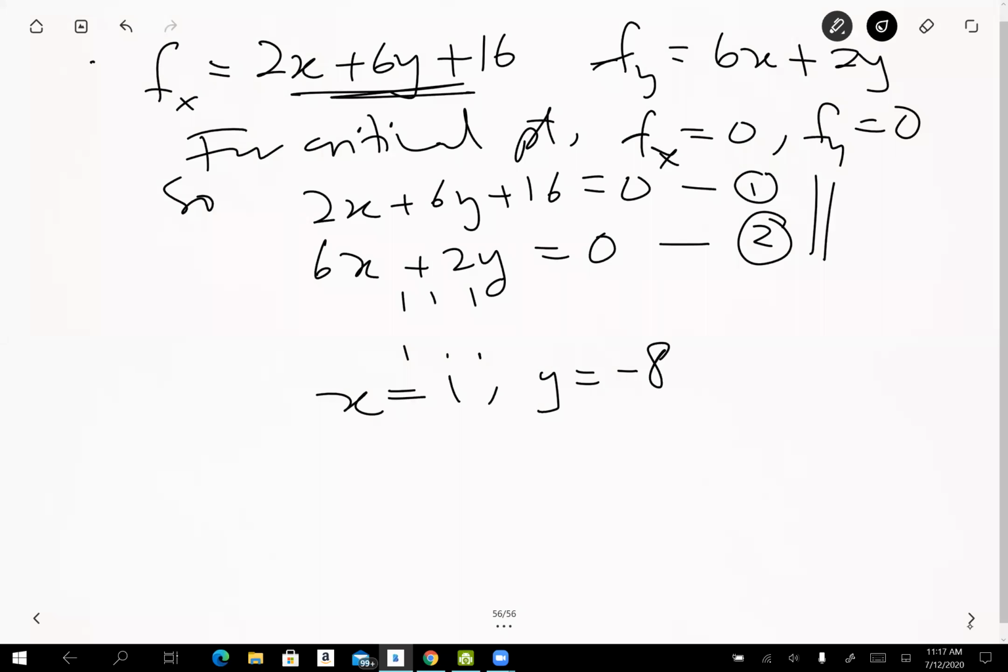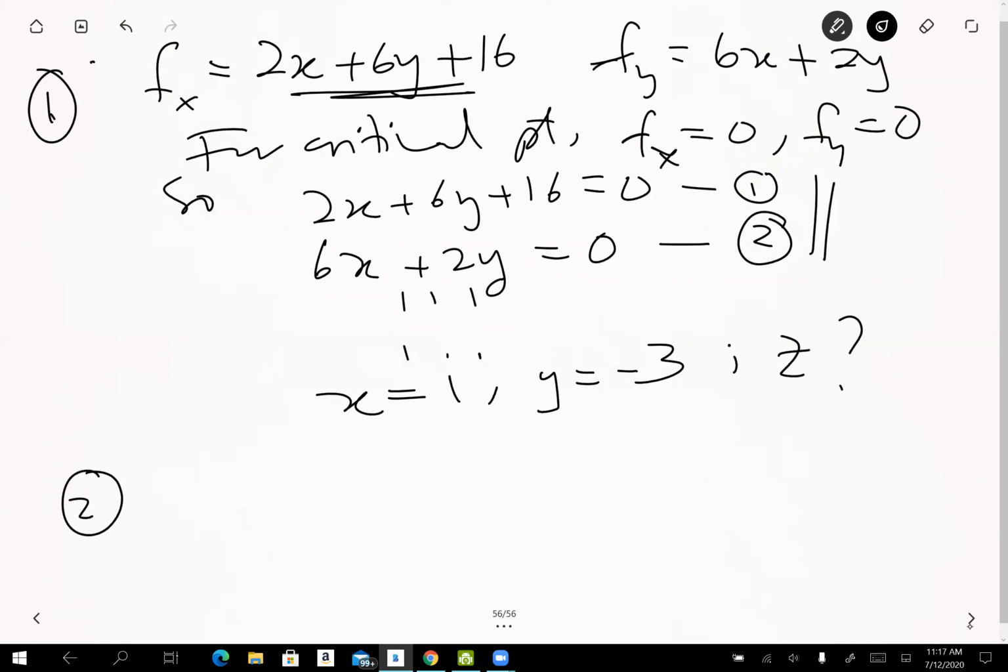Yes, negative 3, sir. Okay, negative 3. x equal to 1, y equal to negative 3. So that's our critical point. Of course, you can find the value of z there. Alright, that's the first part.